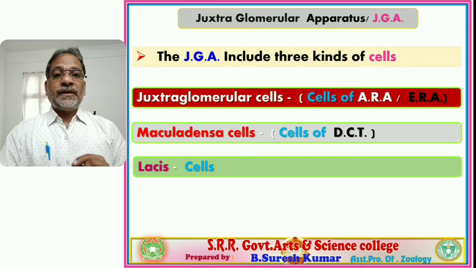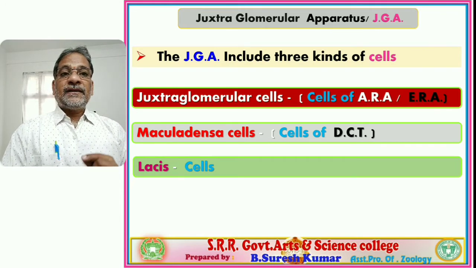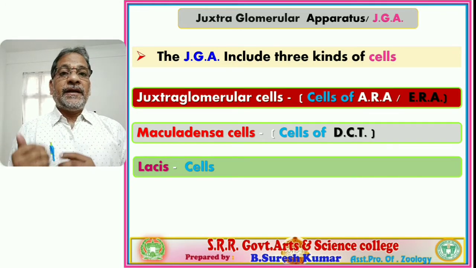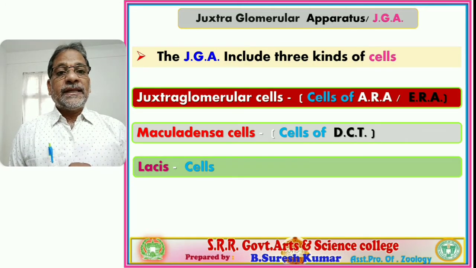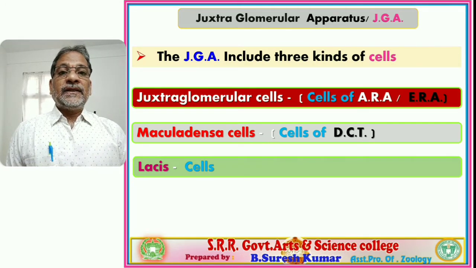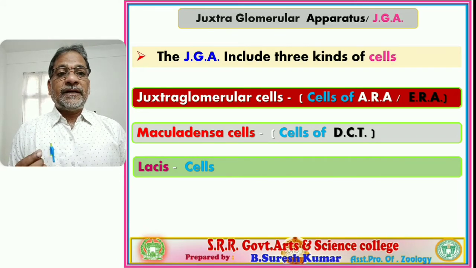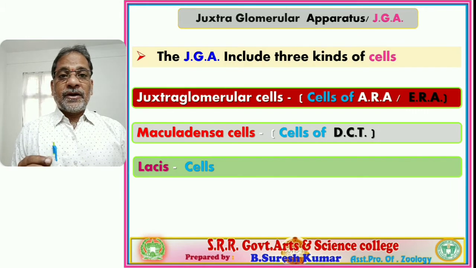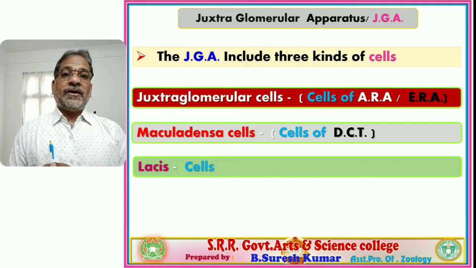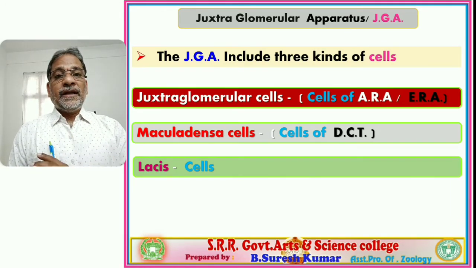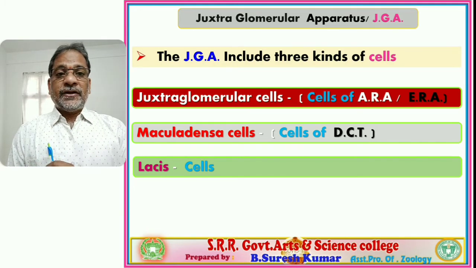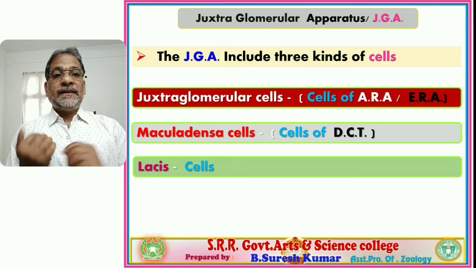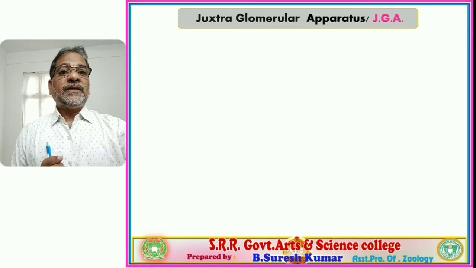So the juxtaglomerular apparatus is constructed with three kinds of cells, namely juxtaglomerular cells, macula densa cells, and Lacis cells. Juxtaglomerular cells are concerned to afferent renal arteriole and efferent renal arteriole. The macula densa cells are concerned to the wall of distal convoluted tubule, and Lacis cells are specialized cells.